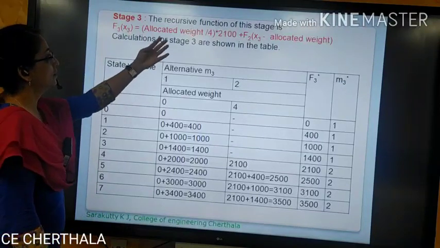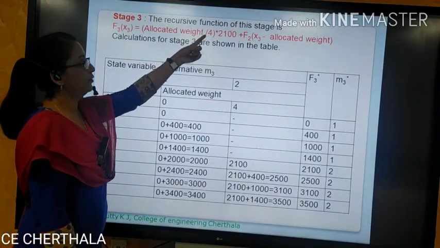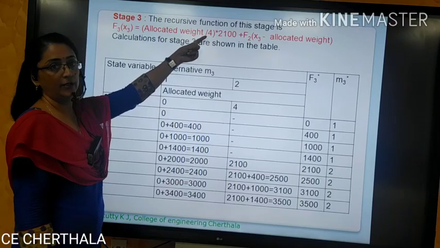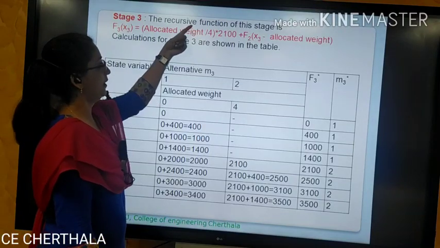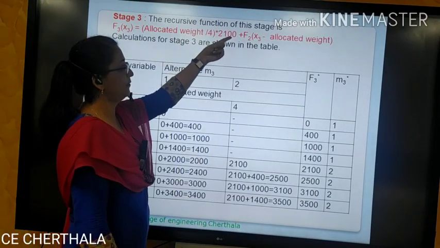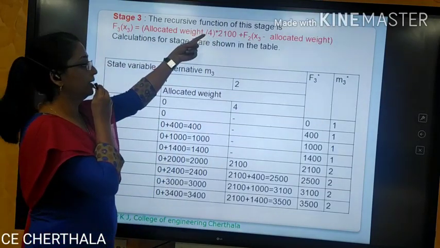Here also, now the recursive function is allocated weight by 4 because 4 ton is the weight of each item in item number 3. So allocated weight by 4 into 2100. 2100 is the return of item number 3.